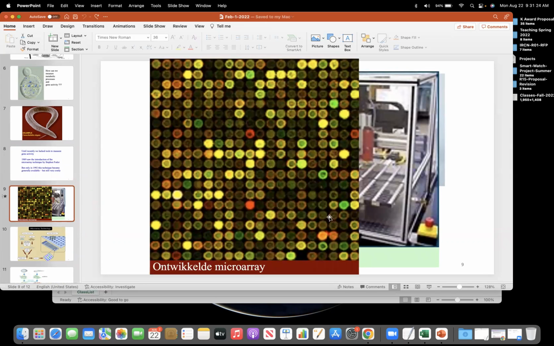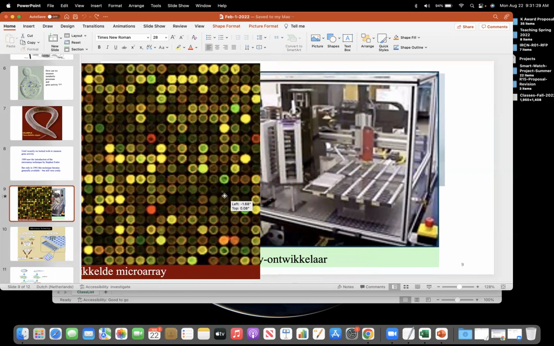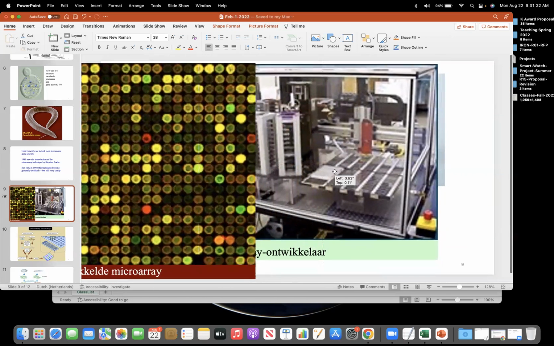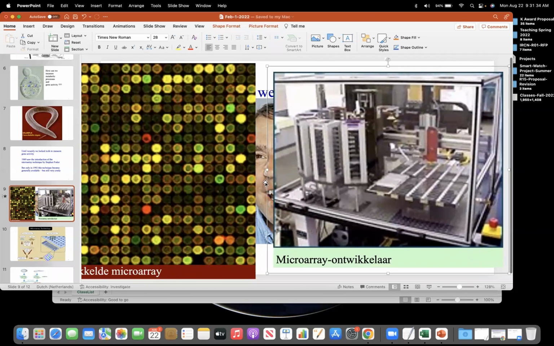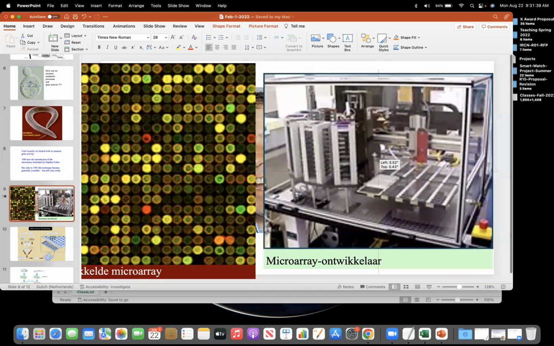Okay, let's just move this figure here. So this is the picture showing you this instrument on the right side.